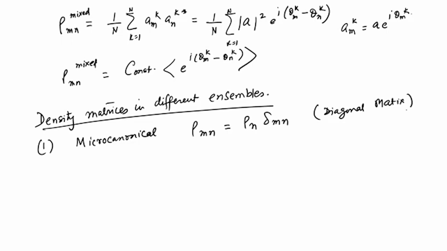That is, there is no overlap between the ensembles. So, it has no off diagonal elements; it is only the diagonal ones that are there. And what is rho_n? Rho_n is nothing but 1 by the number of microstates, because when it gets summed over all n, that should give us 1, and then the entropy can be obtained as k log omega. And omega is the number of microstates or number of accessible states.